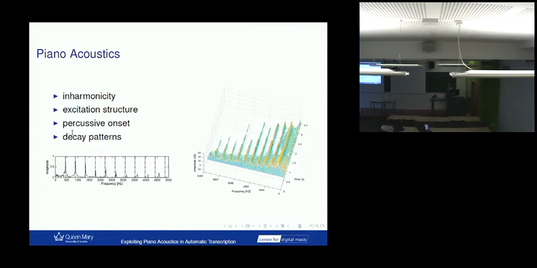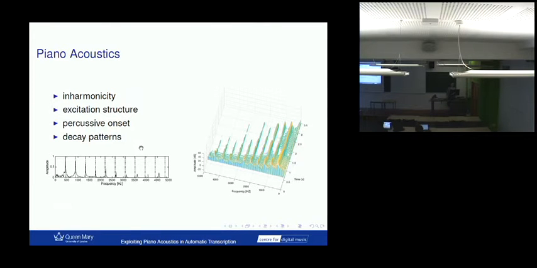Piano acoustics is about the features related to piano physics. The first one is very well known, inharmonicity, which means the partials will be stretched a little from the harmonics.